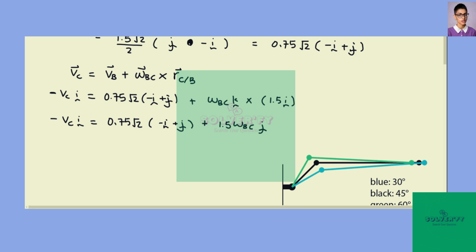So the i component is minus 0.75 root 2, and the j component is 0.75 root 2 plus 1.5 omega BC.